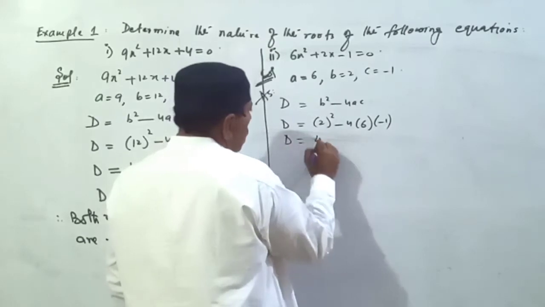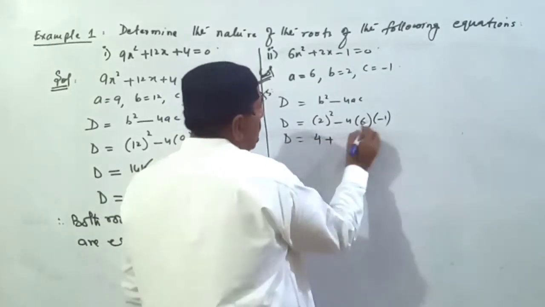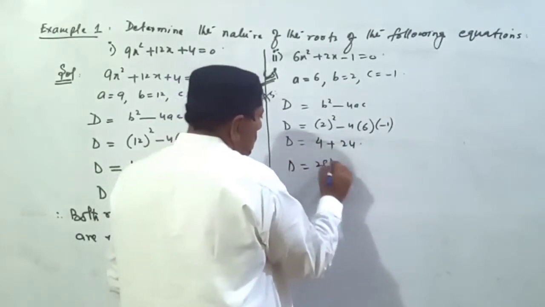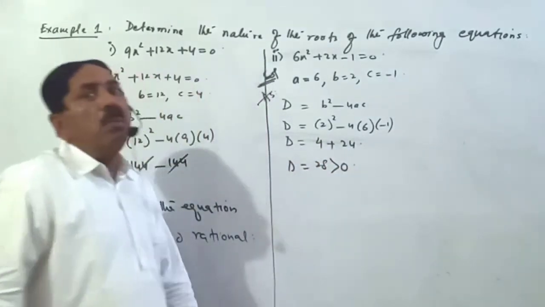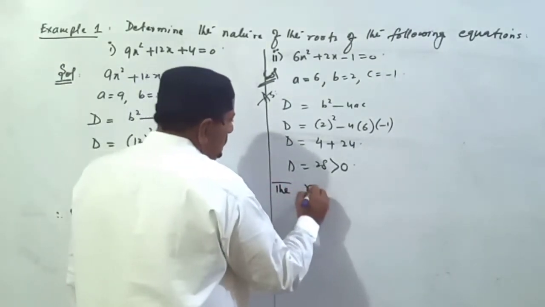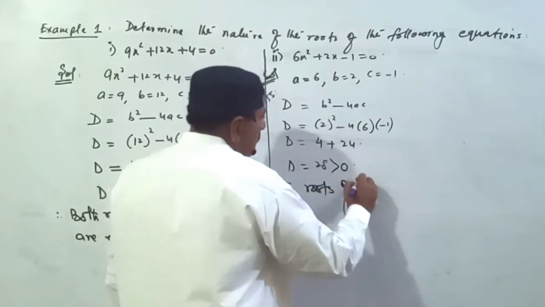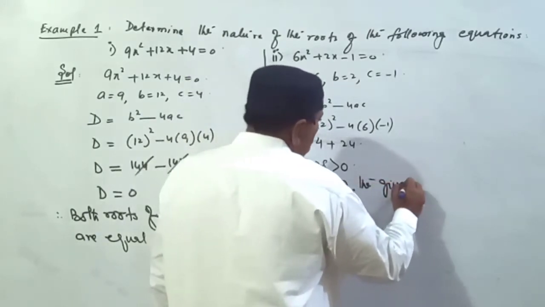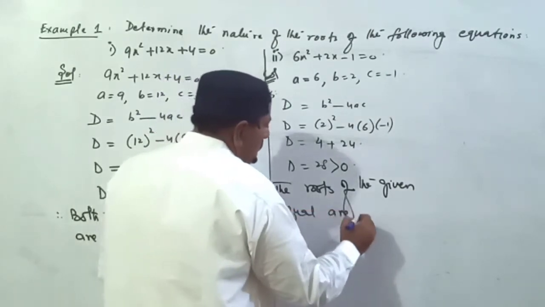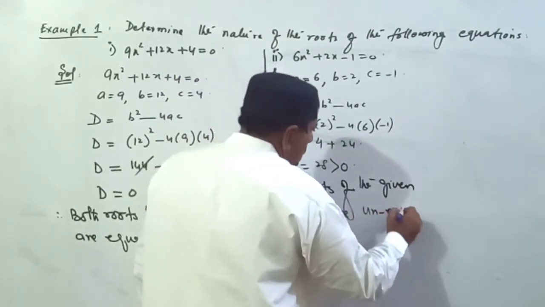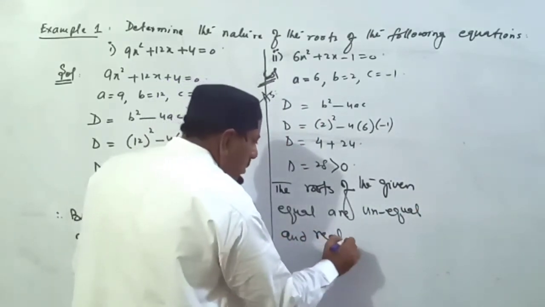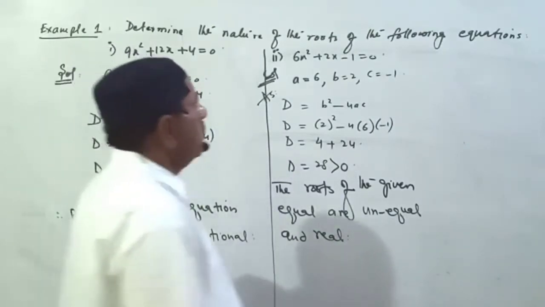So D is equal to 4 plus 24, so D is equal to 28, which is greater than 0. So the discriminant is greater than 0. Therefore, the roots of the given equation are unequal and real.